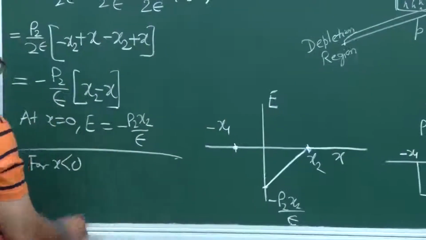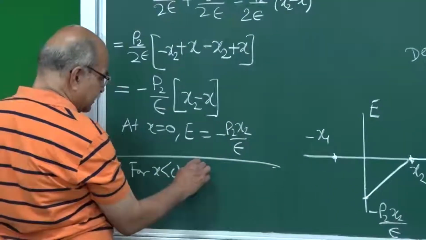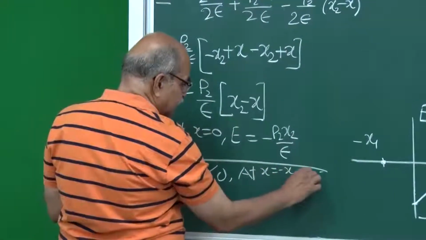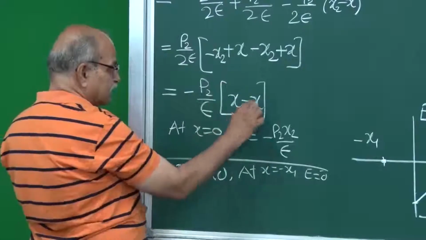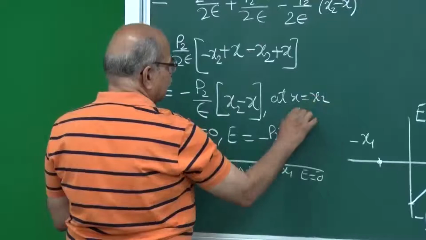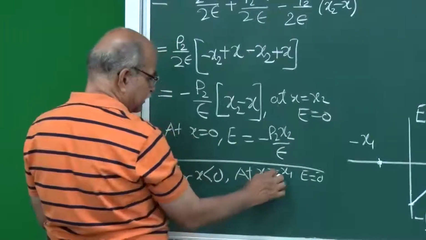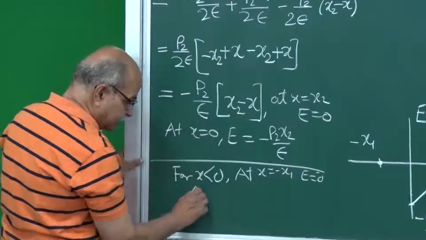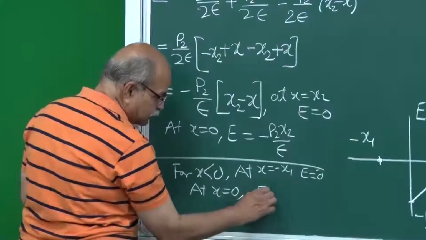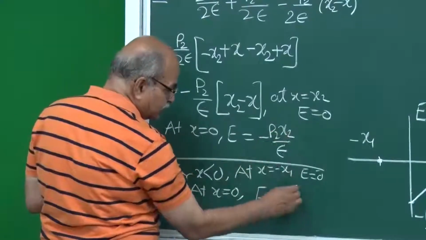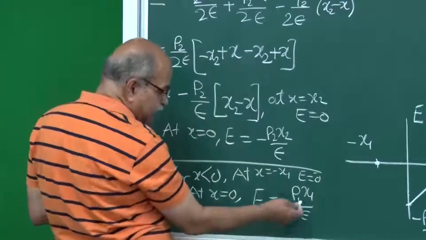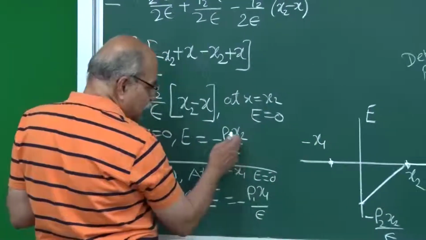And on the other side, for x less than 0, what you expect is that at x equal to minus x1 the electric field will be 0, and at x equal to 0, from the same expression, your electric field should be minus, it was rho 2 x2 here, so it will be rho 1 x1 here divided by epsilon, but it's the same as this because rho 1 x1 is equal to rho 2 x2.